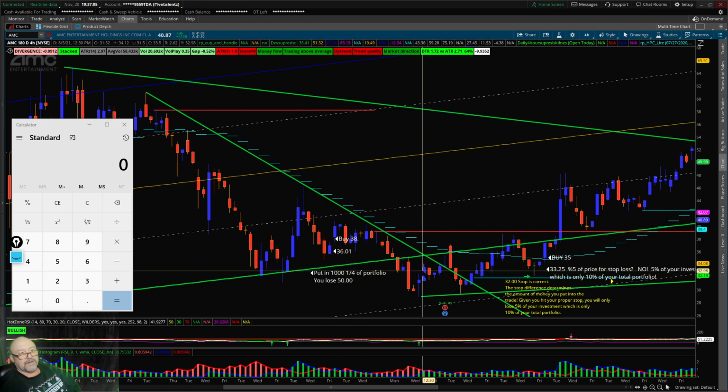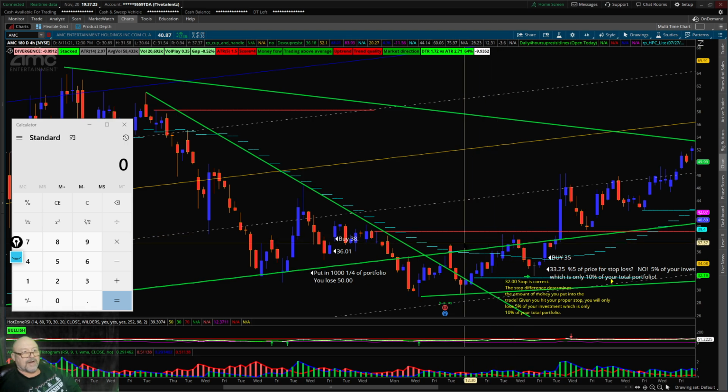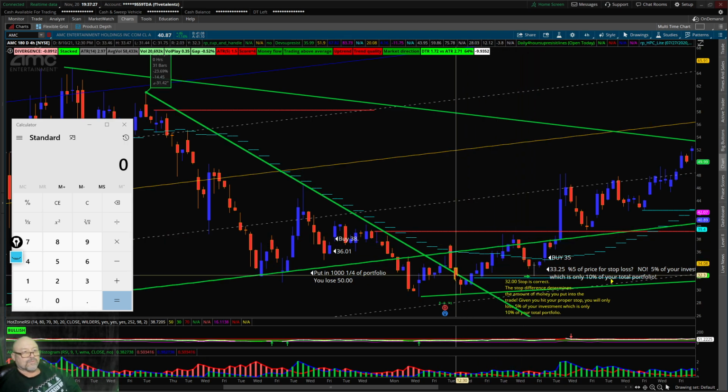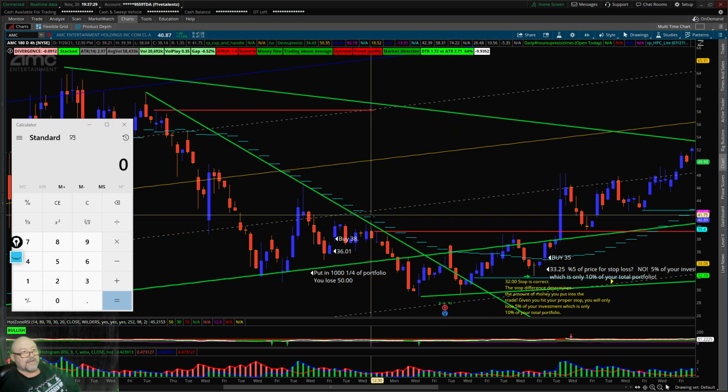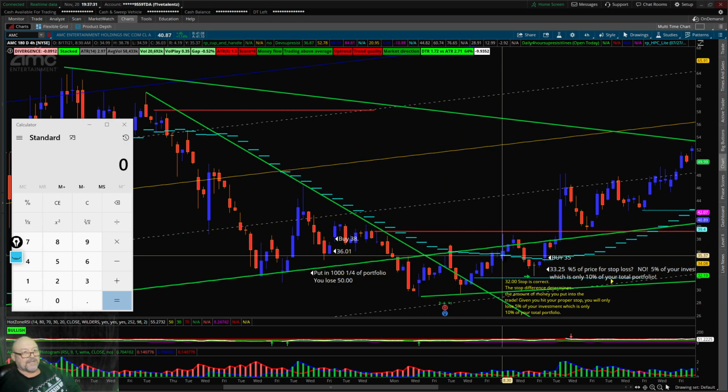Okay. So after it breaks, you want to see it break the trend line first of all. That means the trend is changing. So do you get in here? No, you don't. You want to have a higher high right here, a higher high and a higher low. That's one sign. Second sign, you want to be above the 20-day moving average.